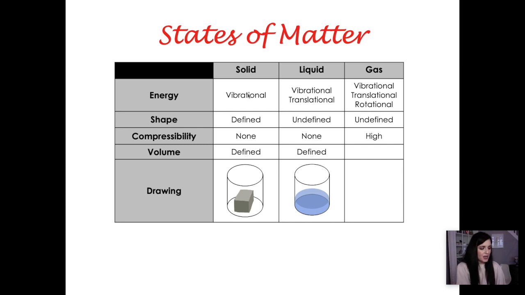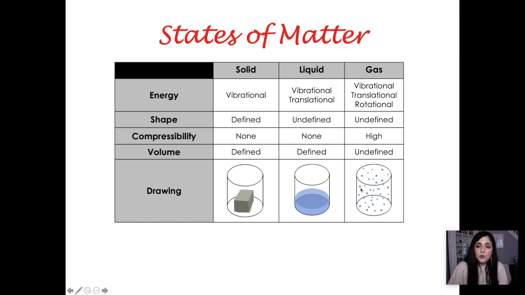I can take a gas that takes up a volume of whatever this is and have those particles take up half the space. And that's because I can force those gas particles closer to one another. As a result, gases also have an undefined volume. So you could take, like I just said, a gas and make it take up less space. And that's because there is a lot of space in between the particles relative to their size.